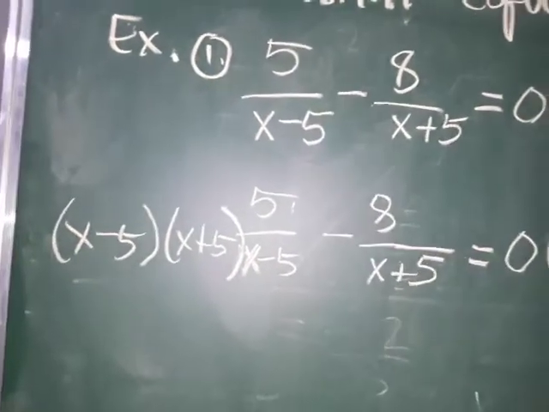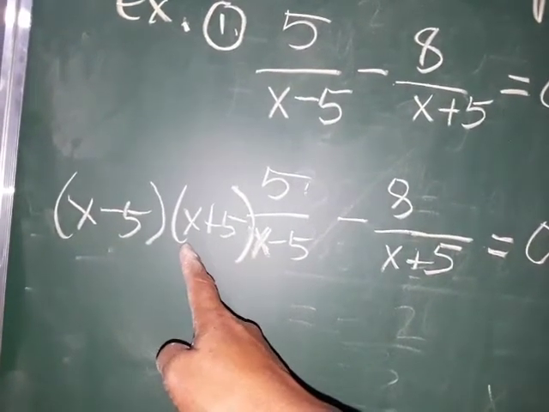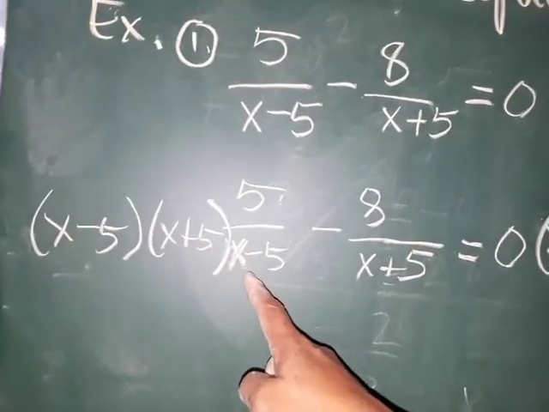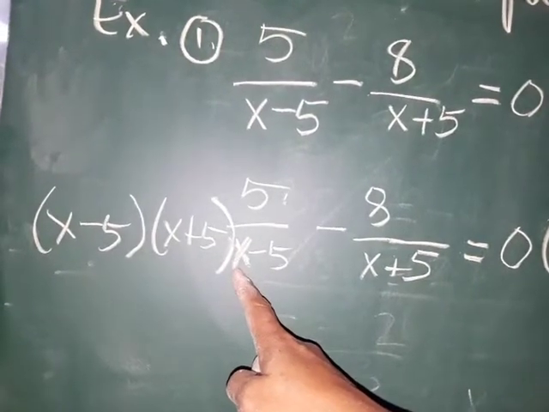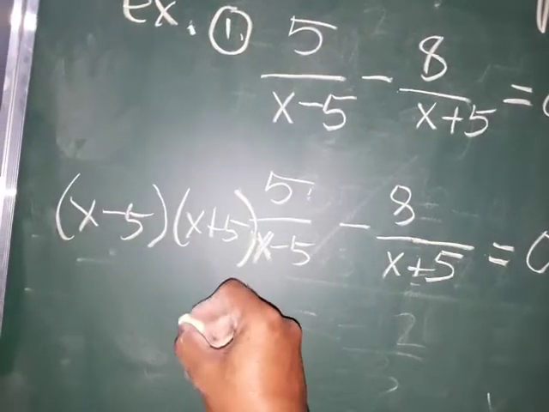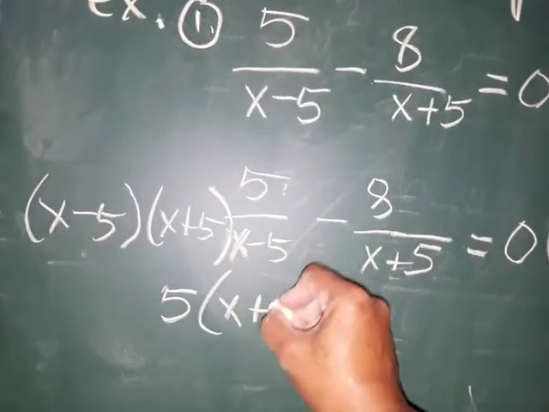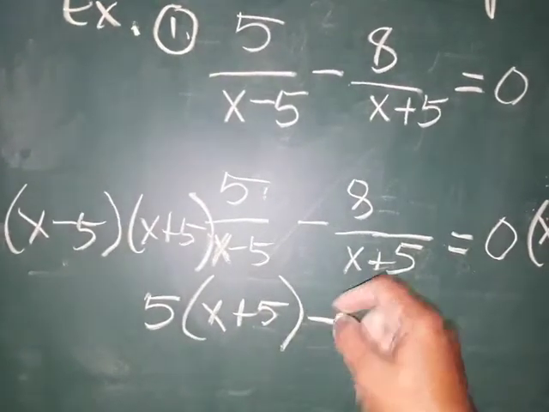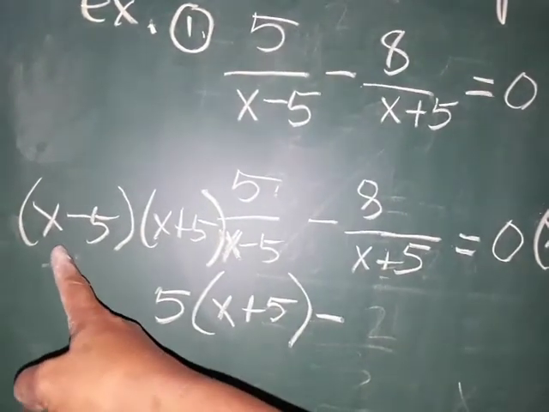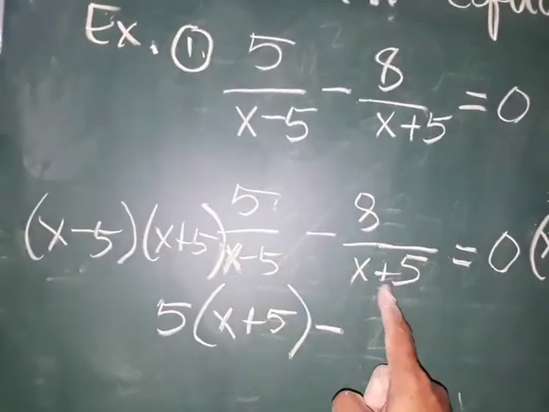So, tuloy natin. X minus 5, x plus 5, multiplied by this. Cancel iyan. Ang matitira ay x plus 5. So, 5 times x plus 5 minus the same thing, x minus 5, x plus 5 divided by this one.